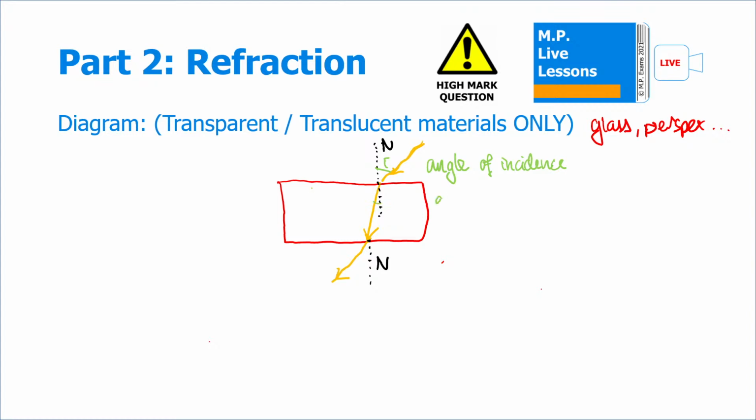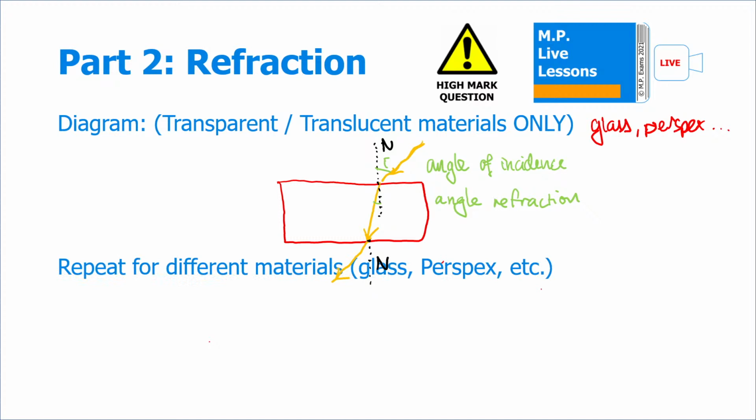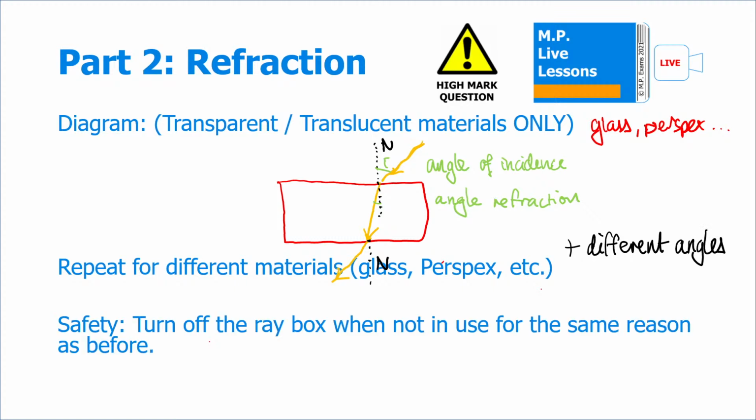So you're measuring the angle of refraction. And remember, you'd want to repeat this for different materials and different angles as well. And again, for safety reasons, turn off the ray box when it's not in use because it gets hot easily and you don't want to burn yourself.